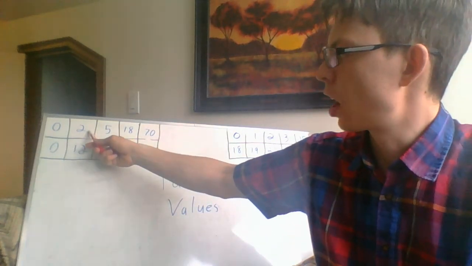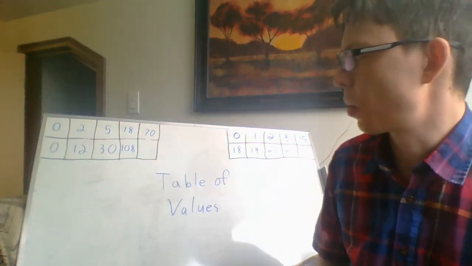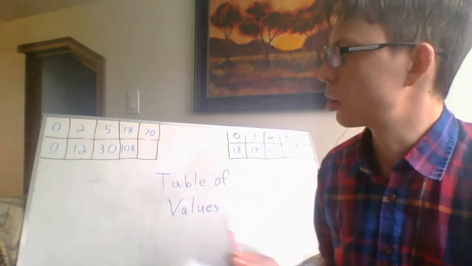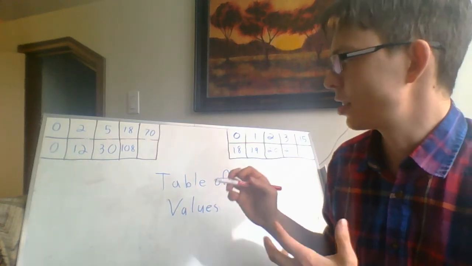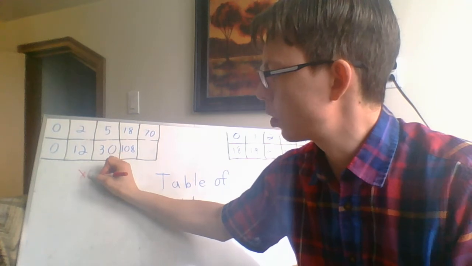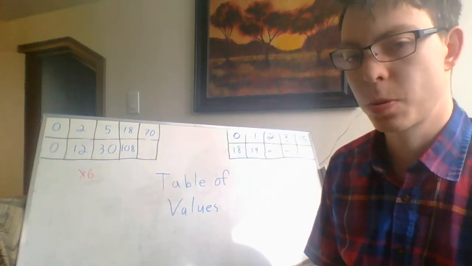Okay, so I'm going to look at this and say, what is happening? 2 and 12. I can tell that 2 multiplied by 6 is 12. So I'm going to start there and just take a good guess. Let's multiply it by 6. 2 multiplied by 6 is 12.